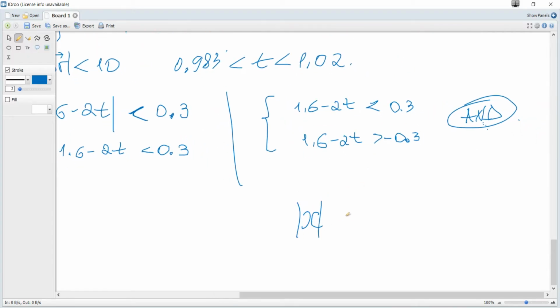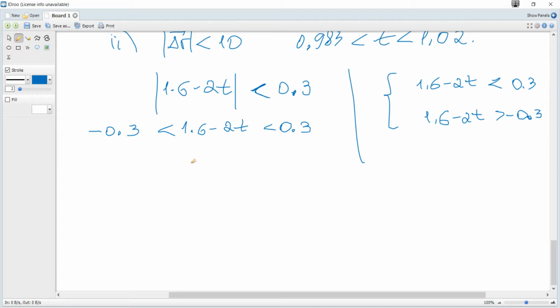If the absolute value of x is less than 10, then x should be between negative 10 and 10. If the absolute value of x is greater than 10, then x may be greater than 10, or x is less than negative 10.